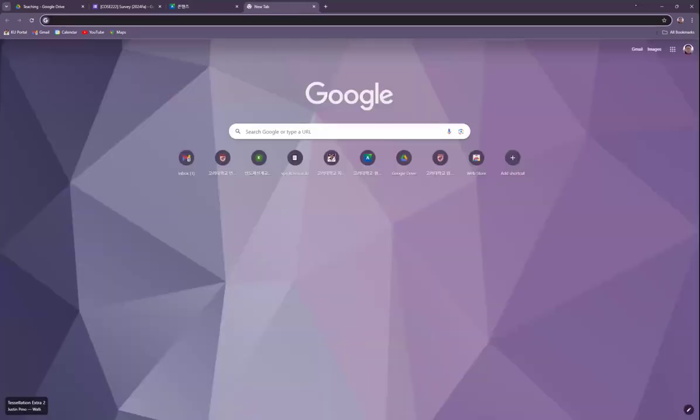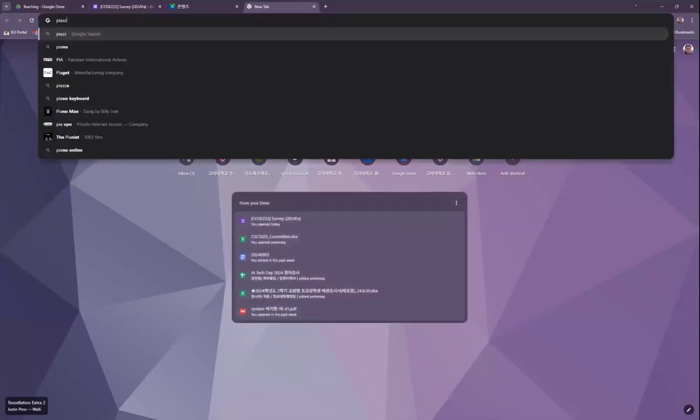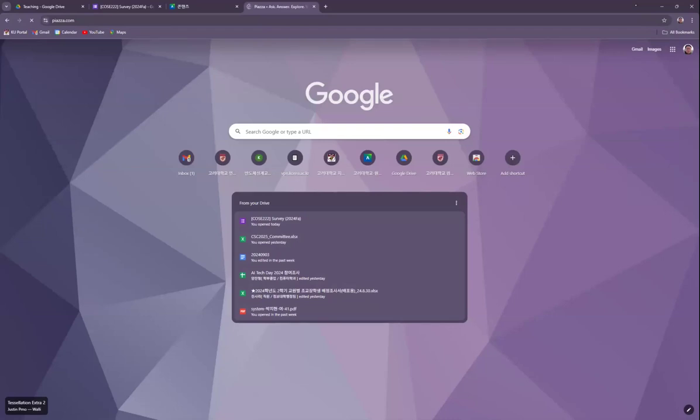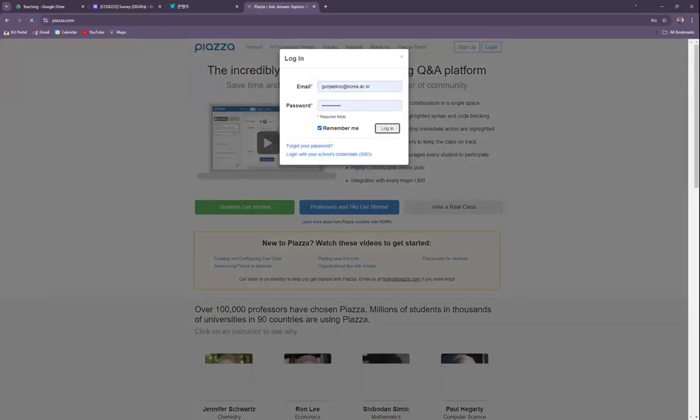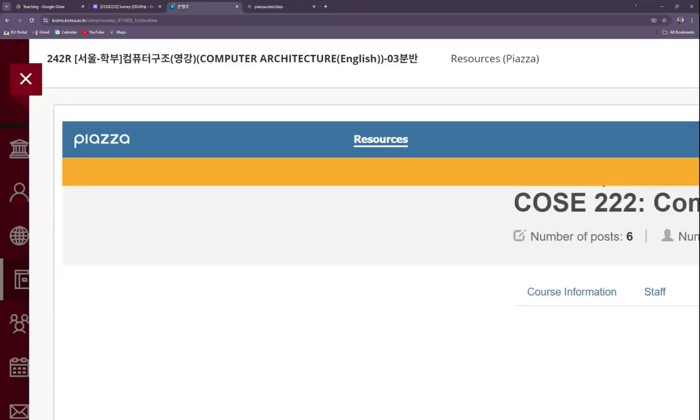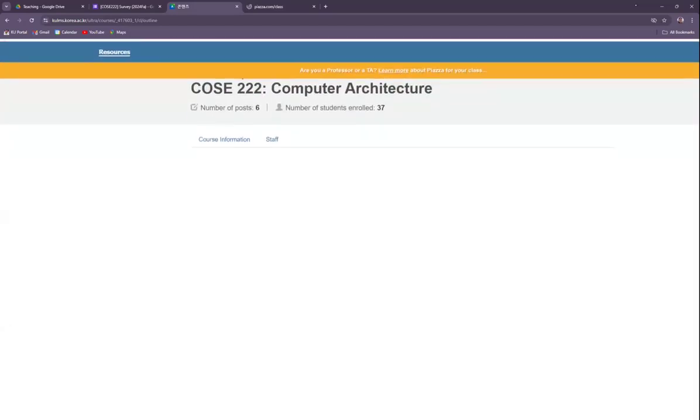I think it's not connected because the internet speed is so slow here. It takes long.